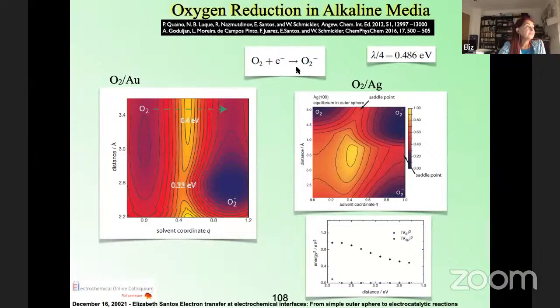the first step, that is the transfer of one electron. We have seen that this is almost an outer sphere reaction, because it occurs far away from the surface, on gold and also on silver, and the activation energy is almost similar to the activation energy that predicts Marcus-Hush model.